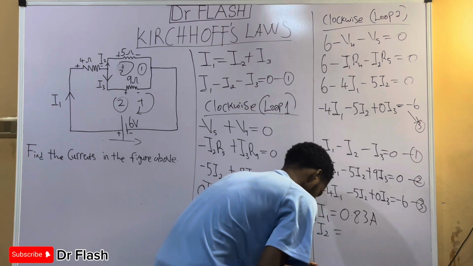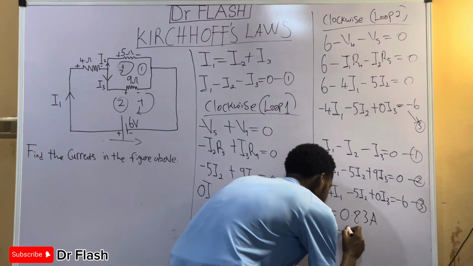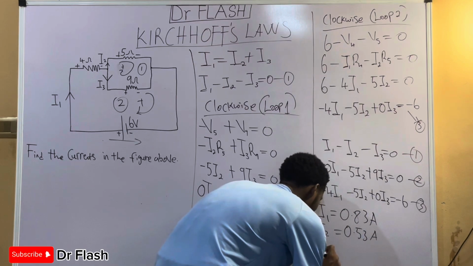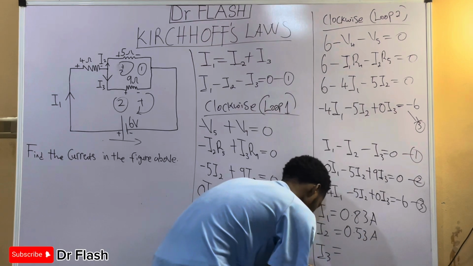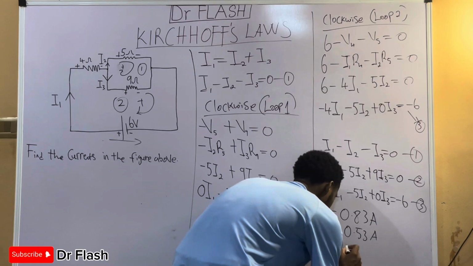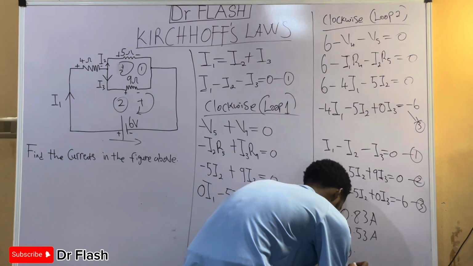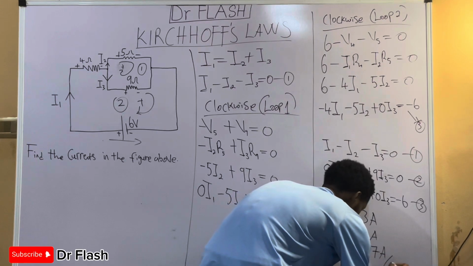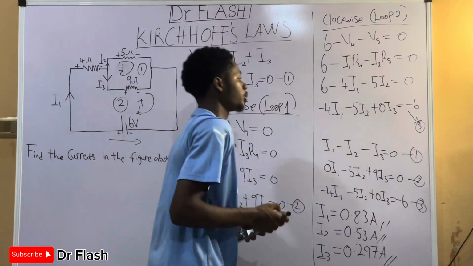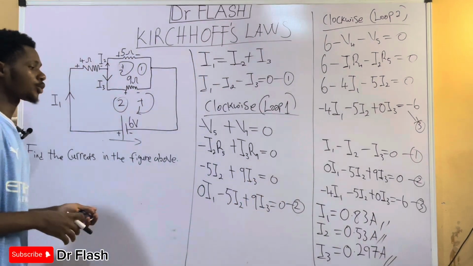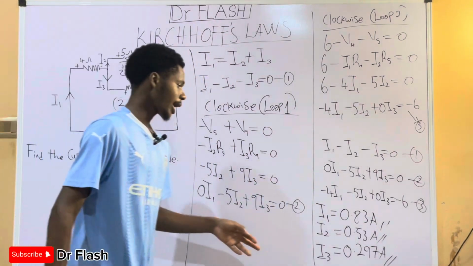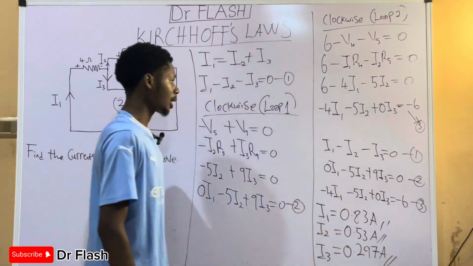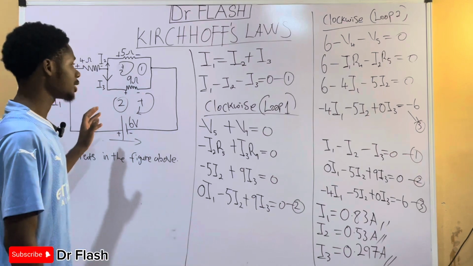I2 equals 0.53 amperes, and then I3 is equal to 0.297 amperes. So these are the answers to the problem that we just solved. I1 is 0.83, I2 0.53, I3 is 0.297 amperes. And that is how a problem like this is solved.